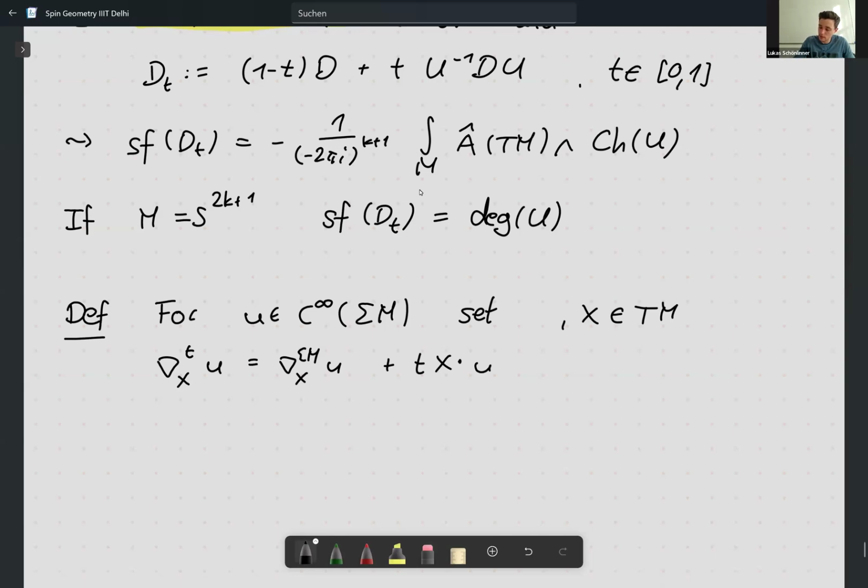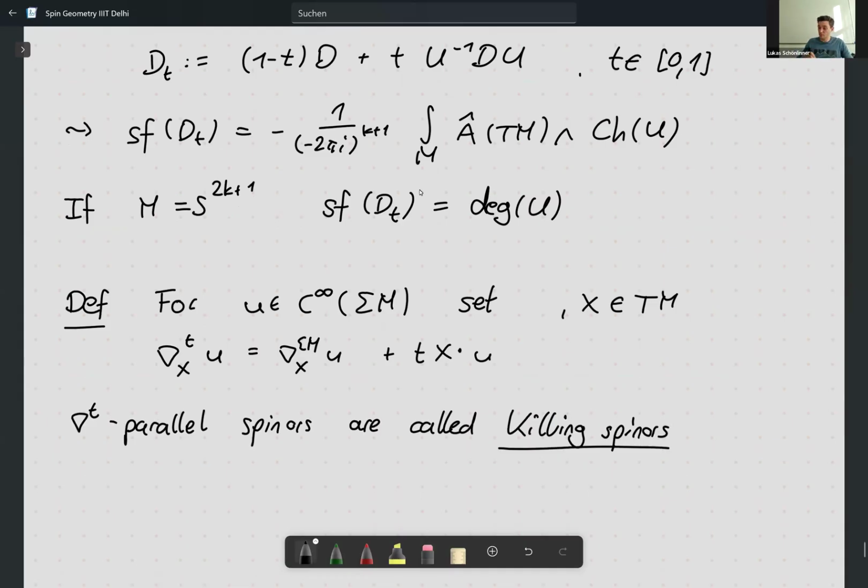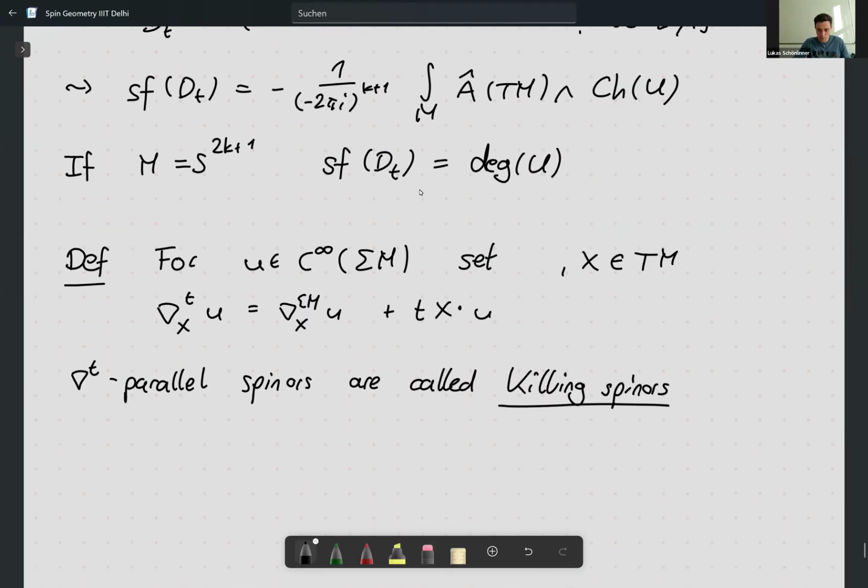So ∇^t-parallel spinors have a special name. They are called Killing spinors. And they are quite rare, and only for special manifolds do we find them.